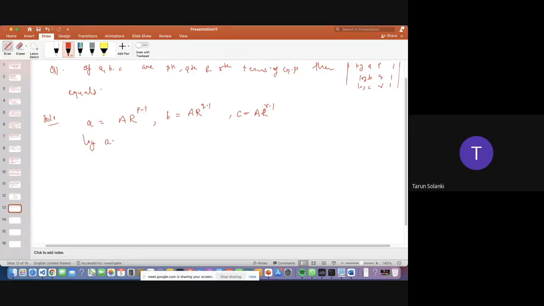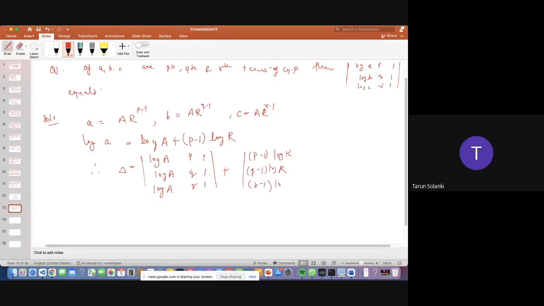So next, log a equals log A plus p minus 1 log R. So delta becomes log A, p, 1, log A, q, 1, log A, r, 1, plus p minus 1 log R, q minus 1 log R, r minus 1 log R, that is p, q, r, 1 1 1.